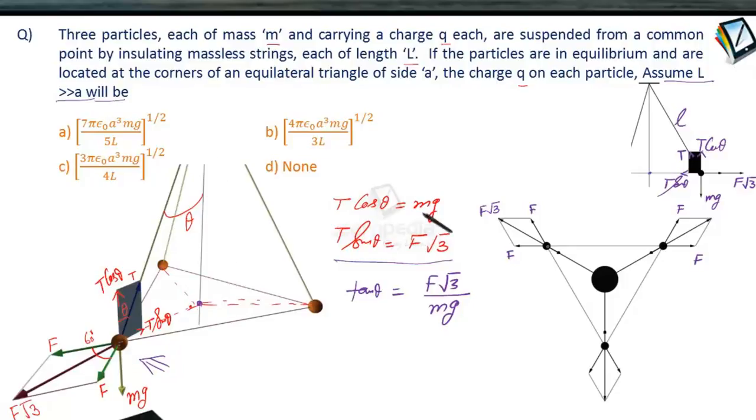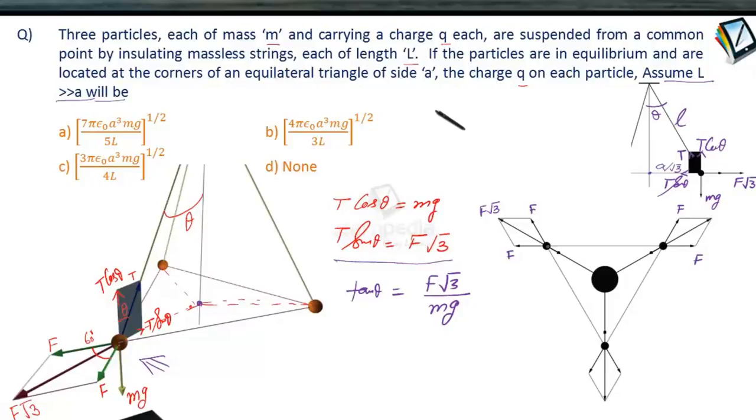So this distance is the distance of the vertex from the centroid of the triangle, which is A by root 3. You can easily calculate this distance of the vertex of the triangle from its center. This particular angle is theta.